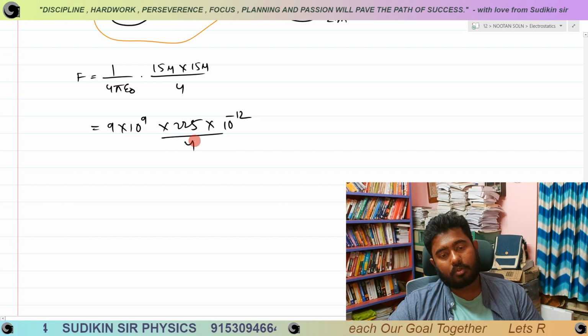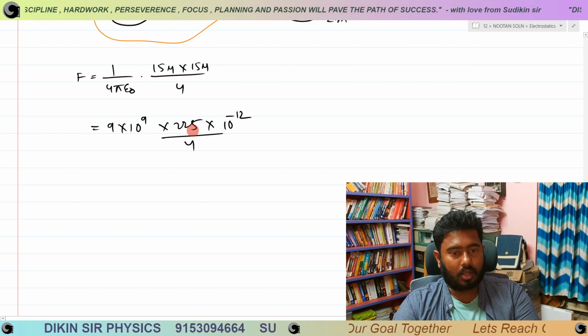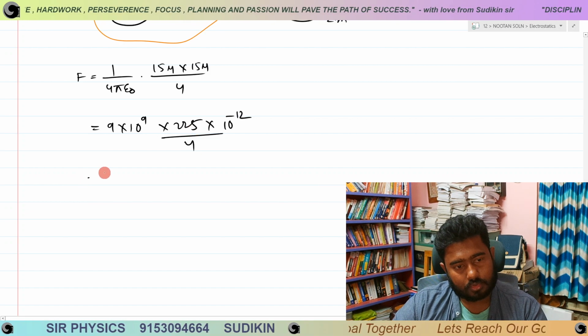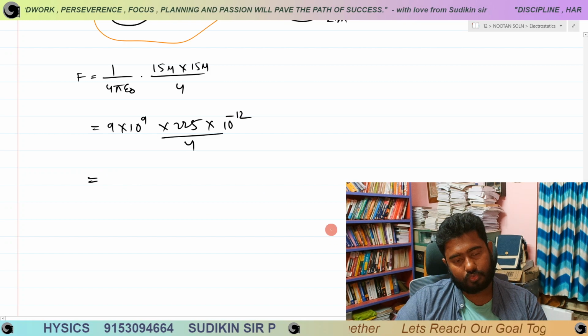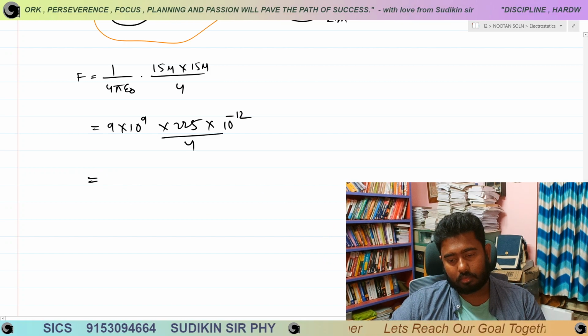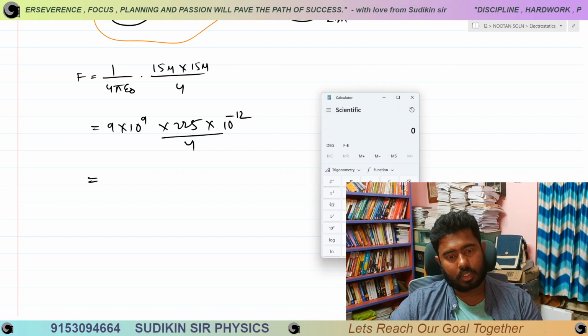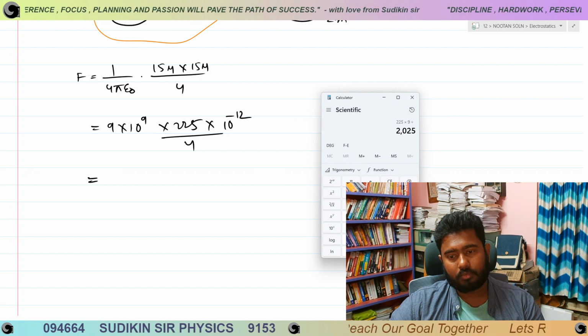Now this is going to be a pretty tough numerical. We can of course try it. That will be a big calculation, so let us do it by calculator, that will be easier.